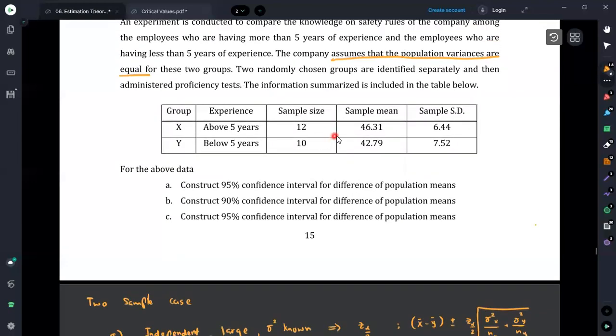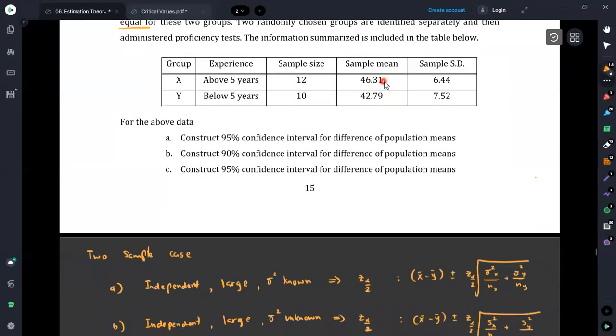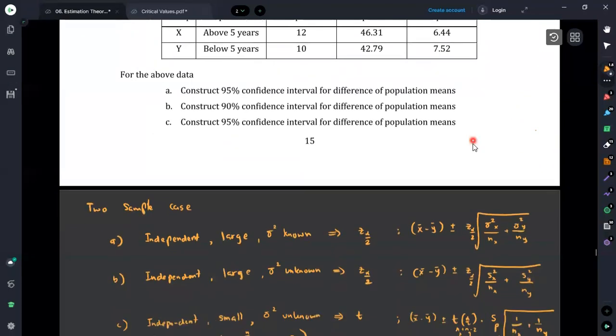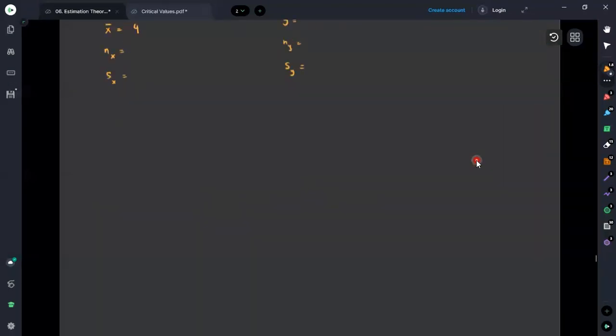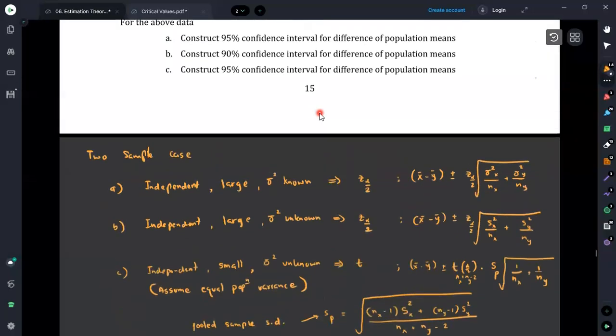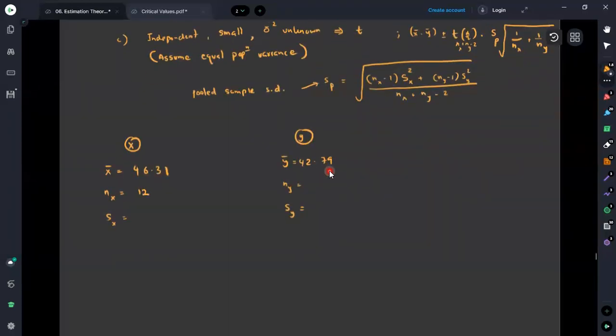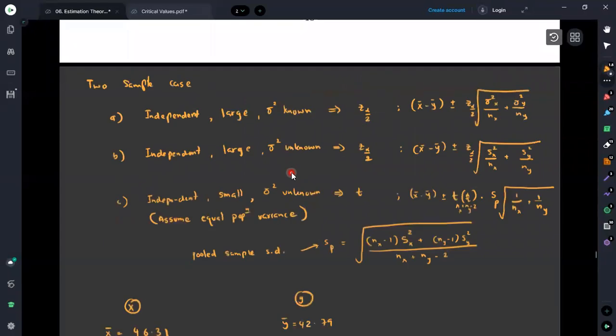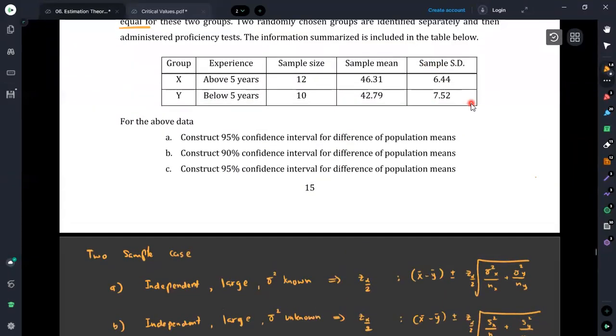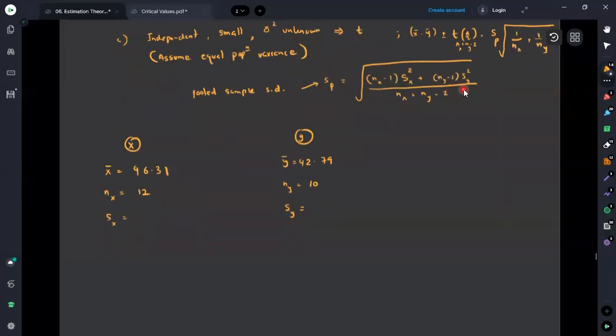According to the values, the sample means are 46.31 and 42.79, the sample sizes are 12 and 10, and the sample standard deviations provided are 6.44 and 7.52.